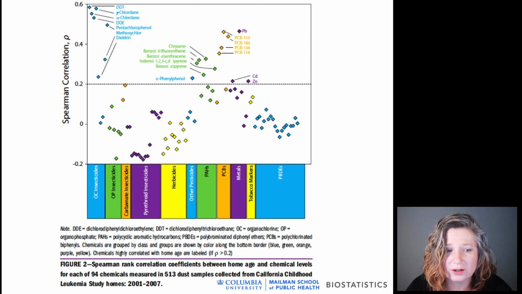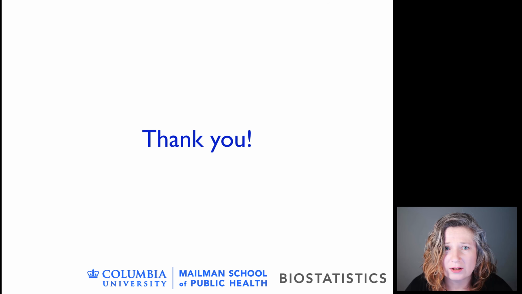So I find these two examples very nice examples of plotting correlations to make them understandable to the reader and also portray a lot of information. I hope this small lecture was helpful, and thank you for listening.